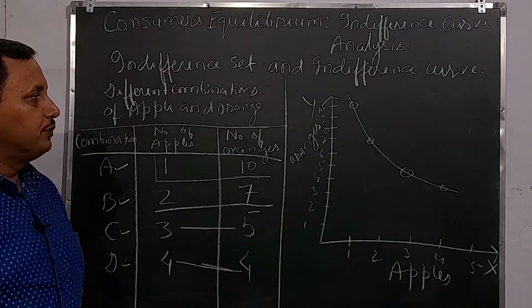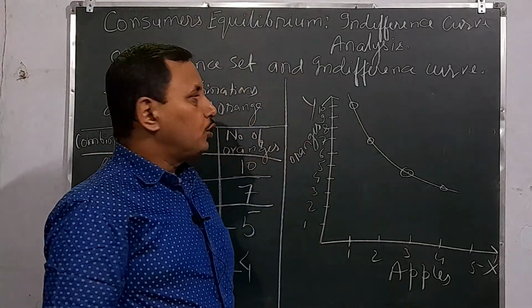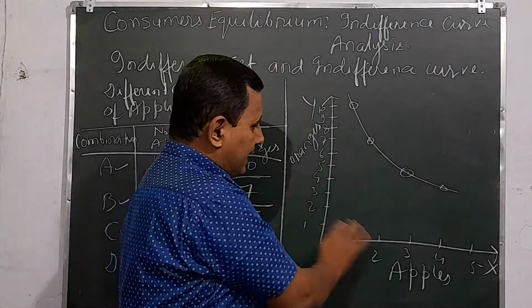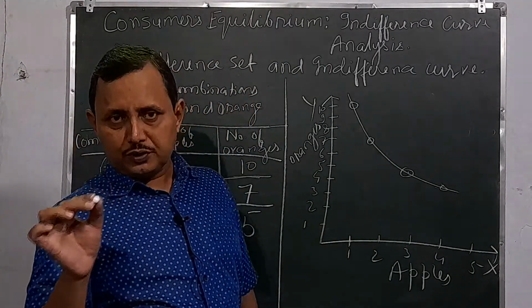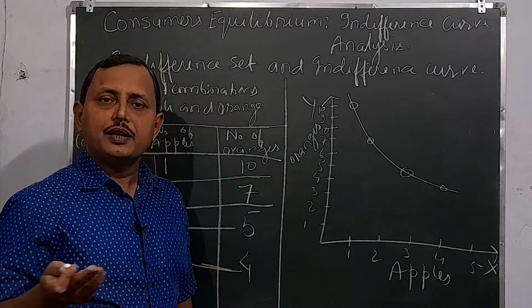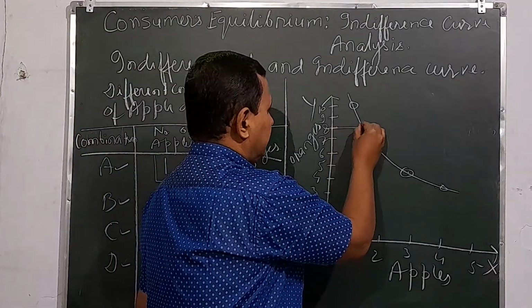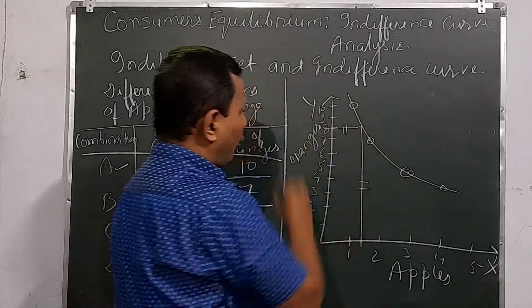Now what is the significance of this? On any point of this curve, whatever the combination of oranges and apples, all combinations will give equal satisfaction to the consumer. So the consumer will remain indifferent. Say this combination is there: this much amount of apple and this much amount of orange.